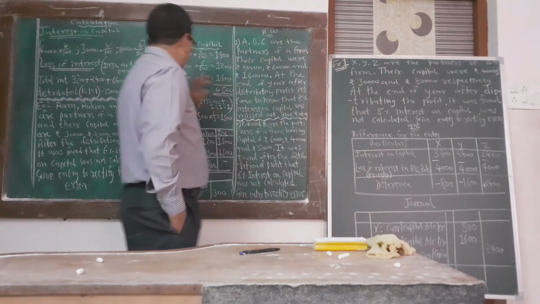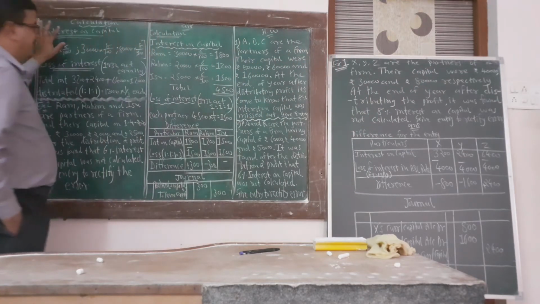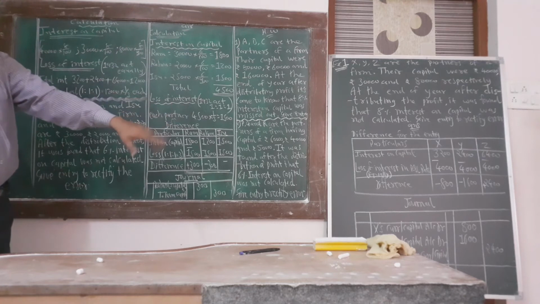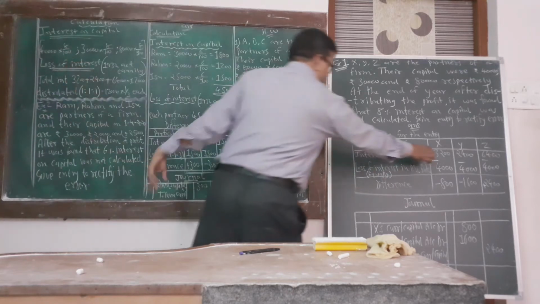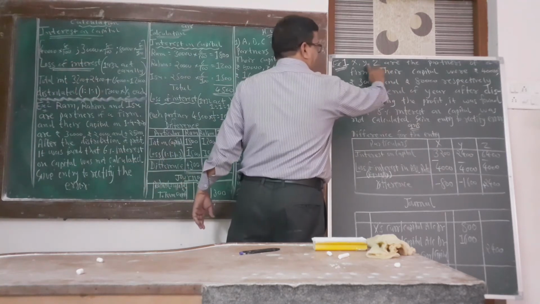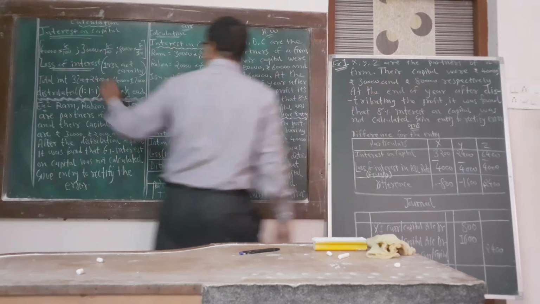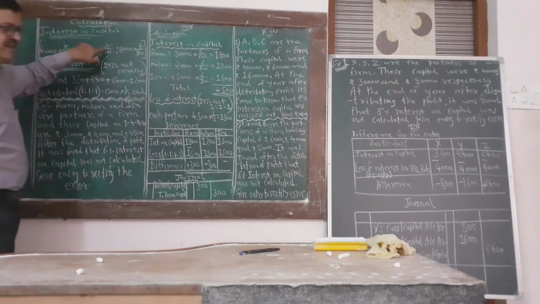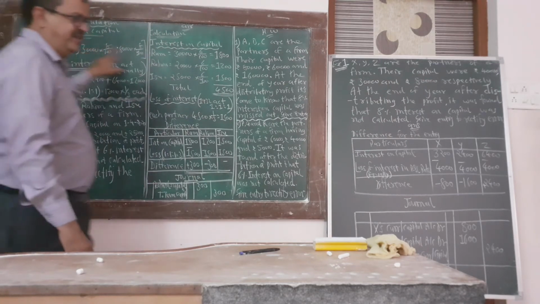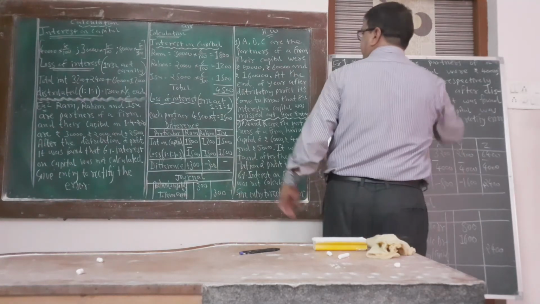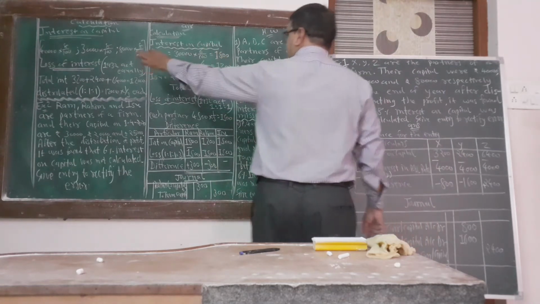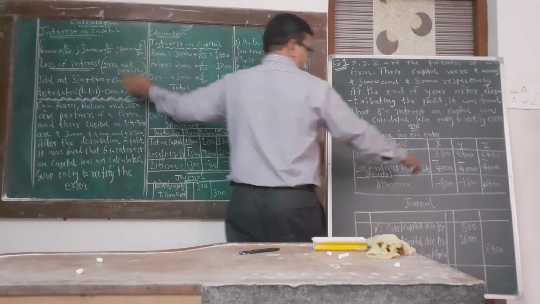So the interest on capital calculation is given below. Here 40,000 into 8 by 100, 3,200. Y's capital is 30,000. So 30,000 into 8 by 100, 2,400. And 80,000 into 8 by 100, 6,400.